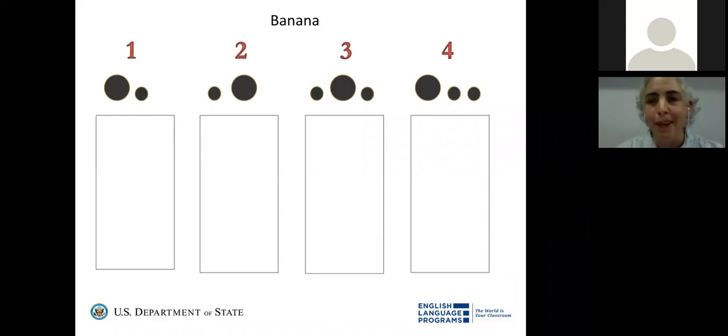Okay, great tries. 3 syllables, and one of those syllables is a big circle. One of those syllables is a stressed syllable. So because it has 3 syllables, it must be either column 3 or column 4. So let's try clapping it both ways.